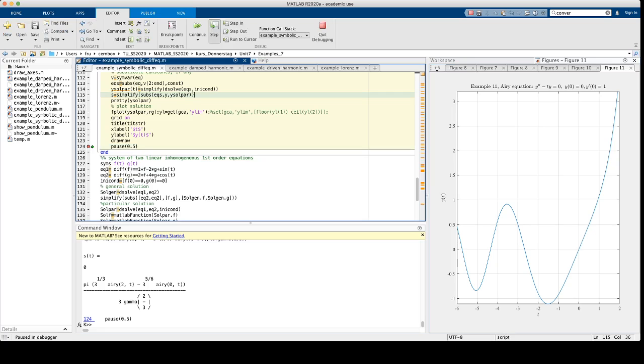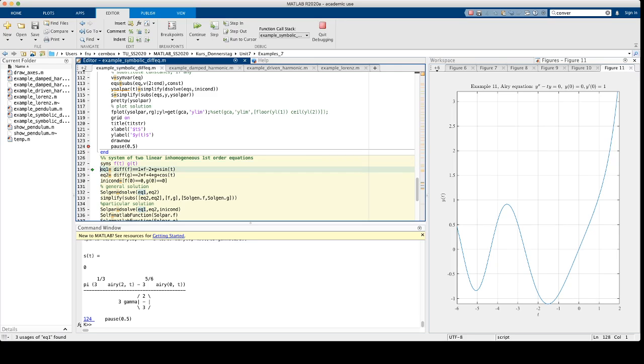Okay, we continue now to the last example, which is a system of two linear inhomogeneous first-order equations. We define two unknown functions, f and g, and two equations.